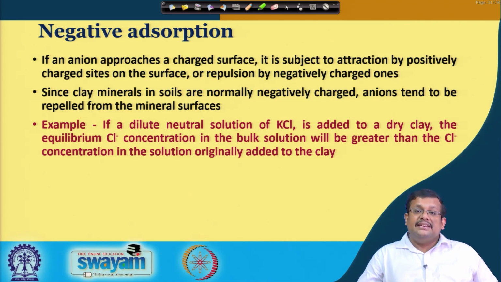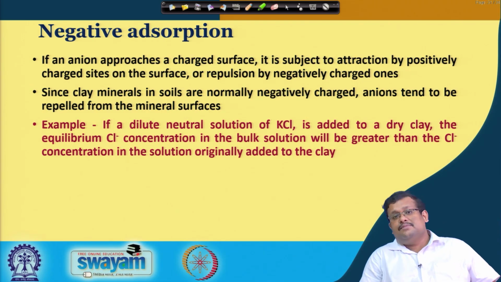When a negative charge develops on the surface of the clay particles and an anion approaches it, it will face a Coulombic repulsion force, or negative adsorption. If the surface is positively charged, then the negatively charged anions will be electrostatically attracted.